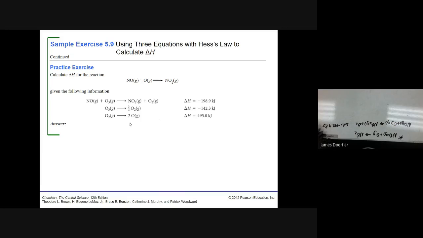And so you notice that in the first equation, I left everything alone. The O3 is on the left-hand side. What do you think I need to do to my second equation now so I can eliminate it? I'm going to flip the second equation. That way, they're on both sides of the equation, and I can cancel them out. Okay?